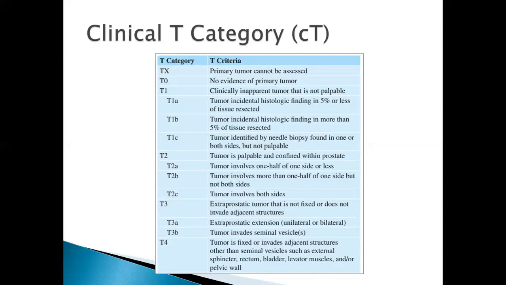Then we have T1, clinically inapparent tumor that is not palpable. Okay, so this means that the DRE is negative or not abnormal, in a way that would indicate prostate cancer, all right?